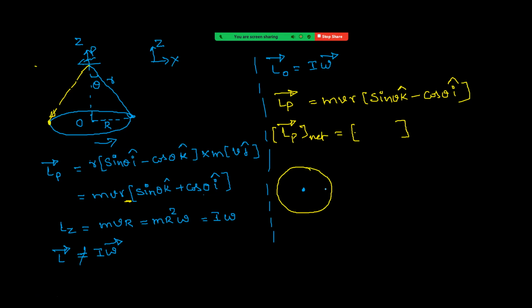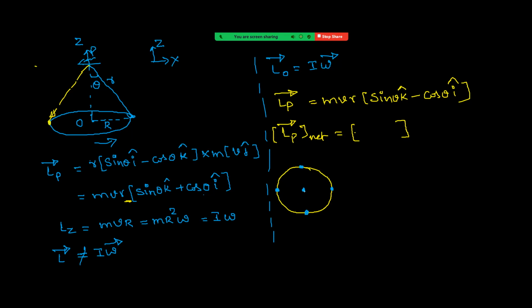If you are taking one point mass on the right of the axis, we can find diametrically one more point mass at the same distance on the left of the axis. In such a case, angular momentum will be only along the axis of rotation.